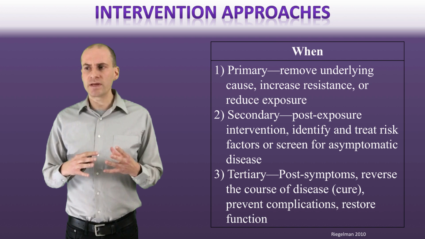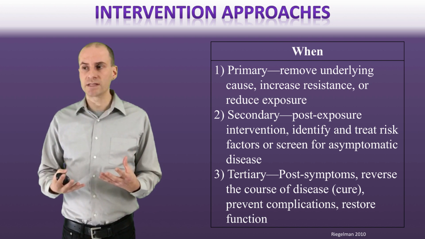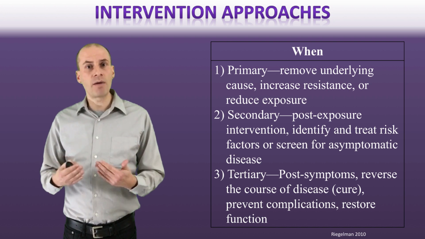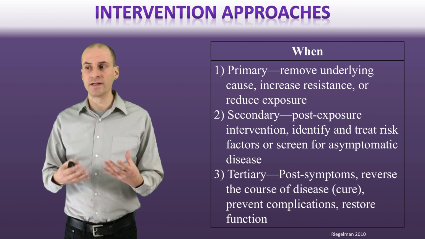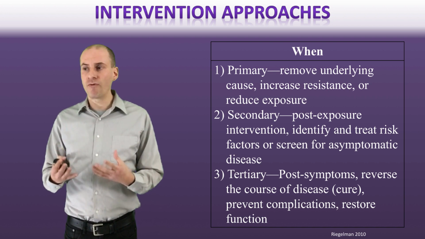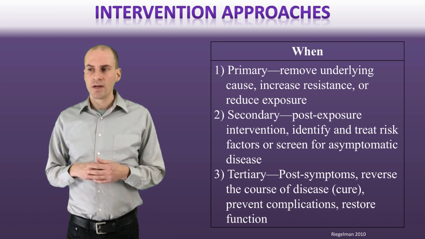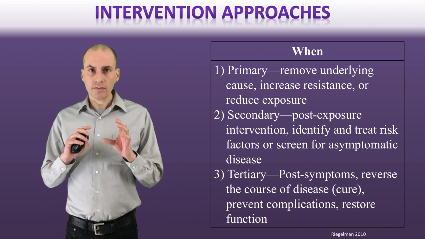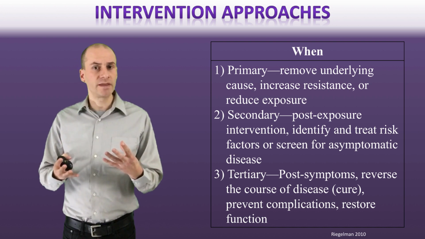Secondary interventions are about taking people who've already been exposed to a risk and decreasing the probability that they would go on to develop a full-on disease. This is after they've been exposed to something, but before they've started developing symptoms of that disease. Here we're looking at addressing those risk factors, perhaps treating them.